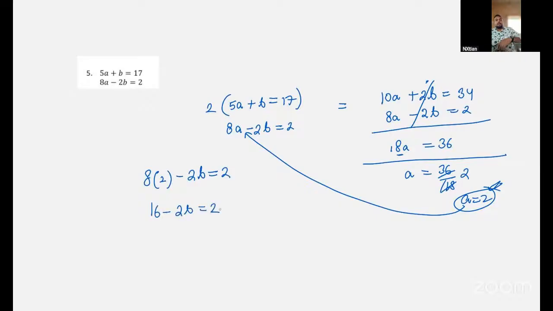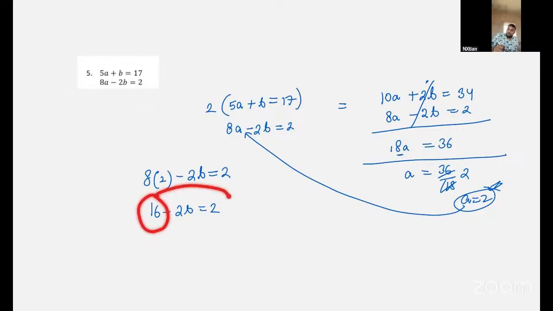Now how will you solve this? Tell me quickly. Is B equal to 0, sir? Let me check, beta. You have to tell me what you are sending. You are sending 16 to that side.